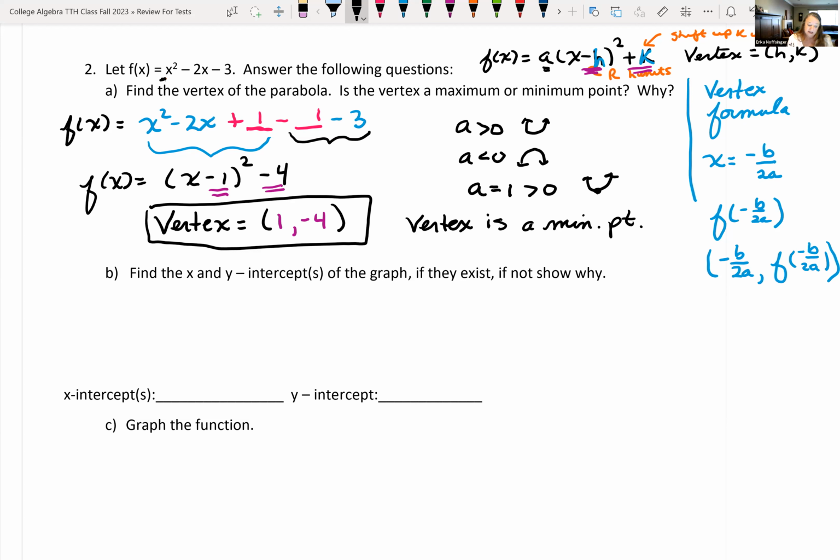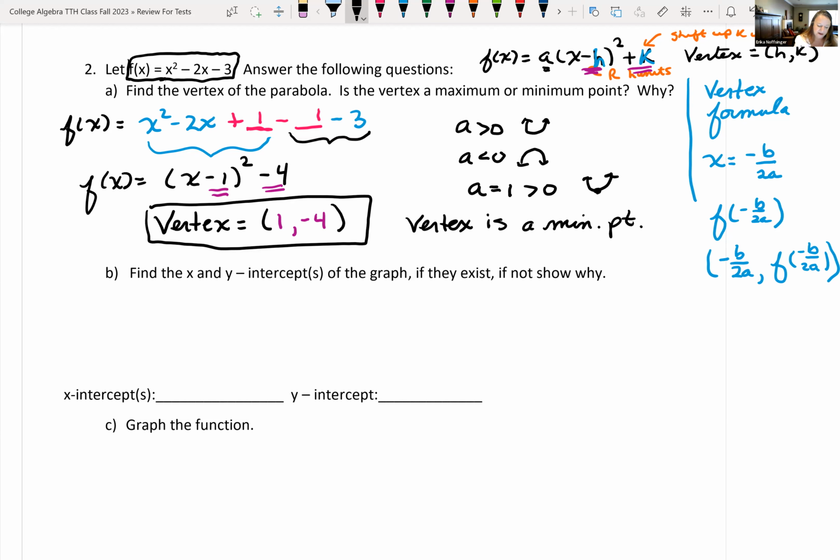So the next part asks us to find the x and the y intercepts if they exist, and if not, show why. So there's 2 ways we can approach this. We can look at our f of x function that we just got, and we can factor that and set it equal to 0.